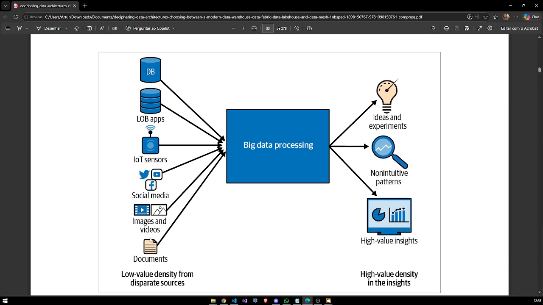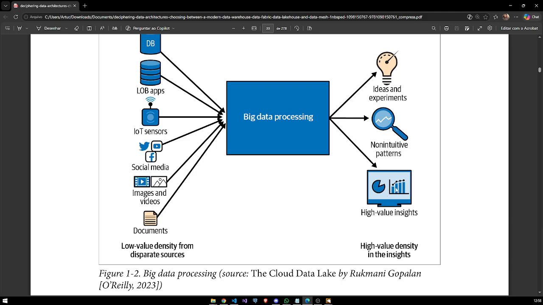We have documents, images and videos, social media content that pass through a pipeline here, which changes the data, processes it, cleans it, and this gold data can be used to generate ideas or generate value.